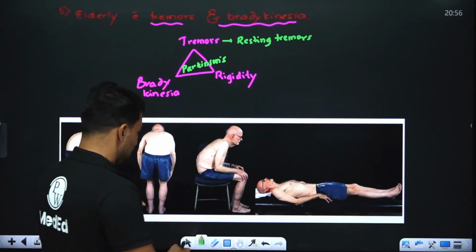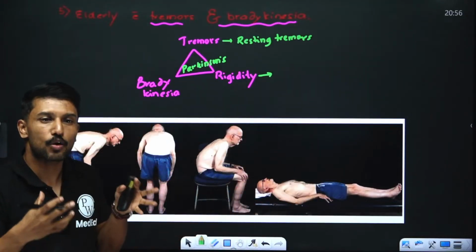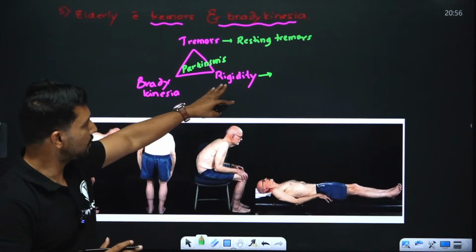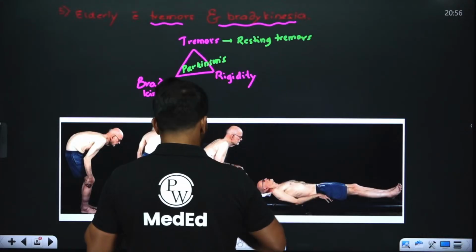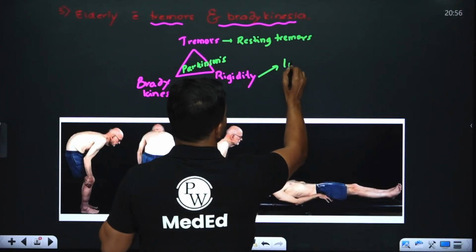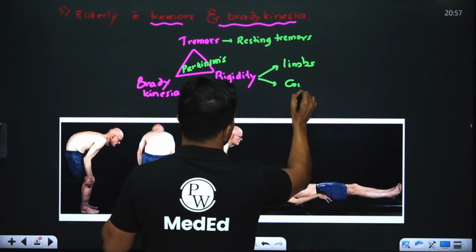Okay. The second thing is rigidity, which means increased tone or increased contraction of the muscles. The rigidity in Parkinson's disease affects both the limbs as well as the core muscles.